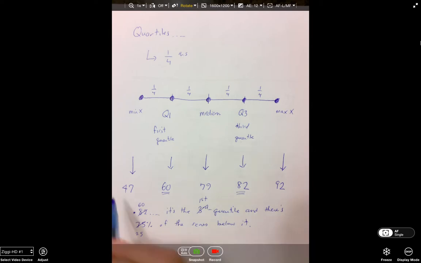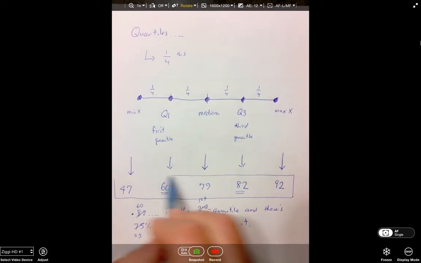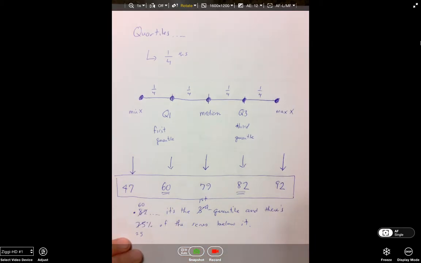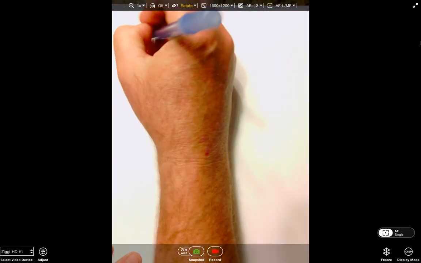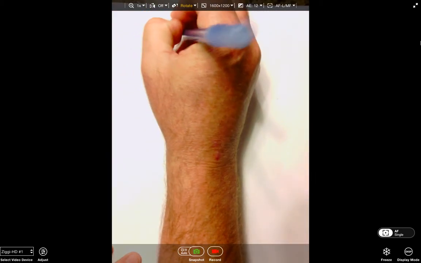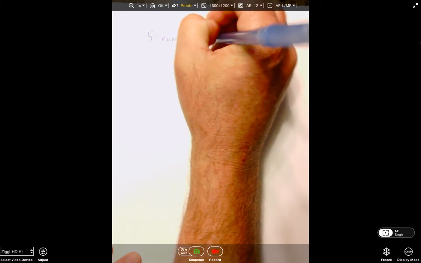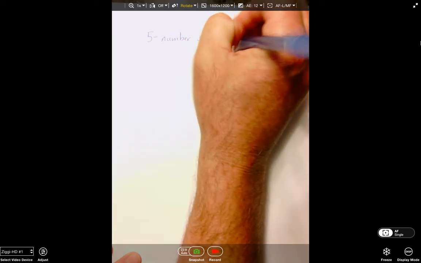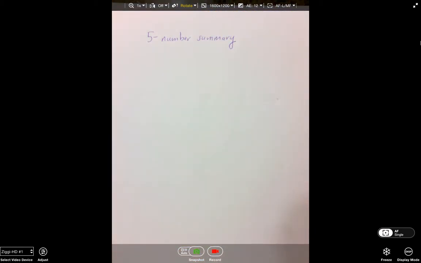Now, guys, if you look at what we created right here, we created 5 numbers, didn't we? Statisticians aren't real creative, I tell you right now. And we give that a name called the 5-number summary.